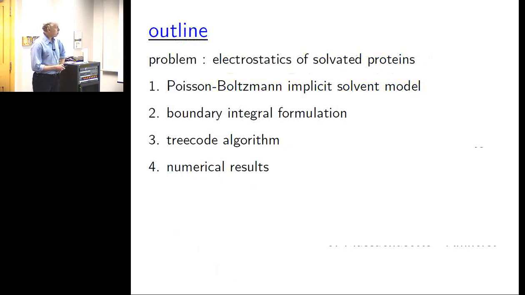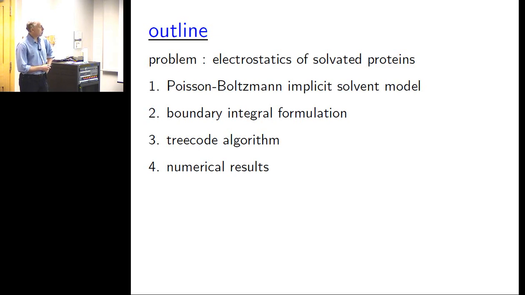The problem that I'm addressing here is the electrostatics of solvated proteins. In particular, we're going to be concerned with the electrostatic potential. And that's the first step along the way to eventually doing electrostatic forces. But this work is concerned with the electrostatic potential around a solvated protein.